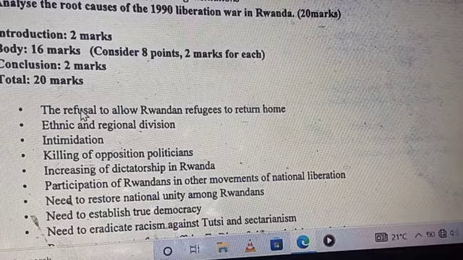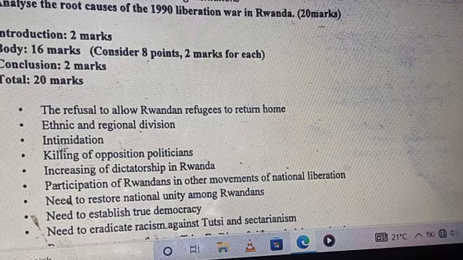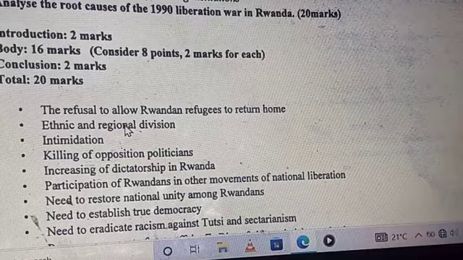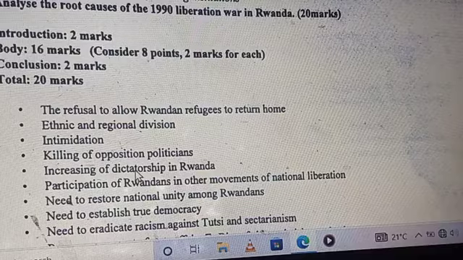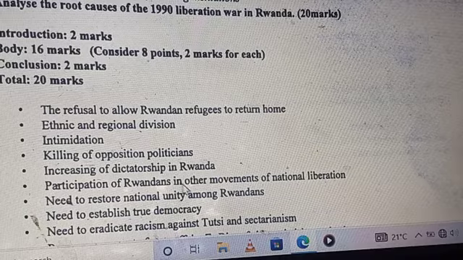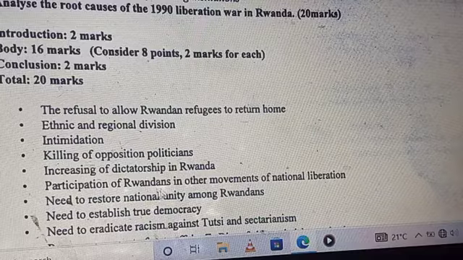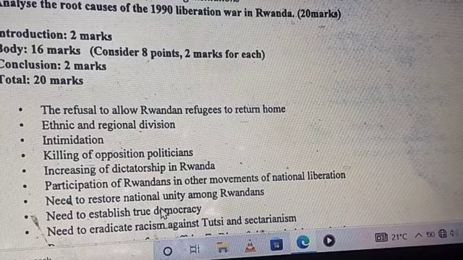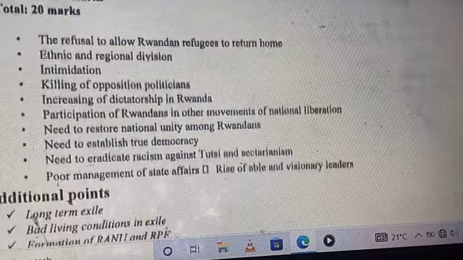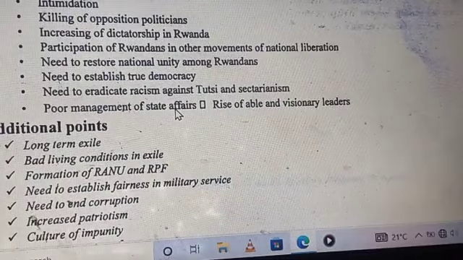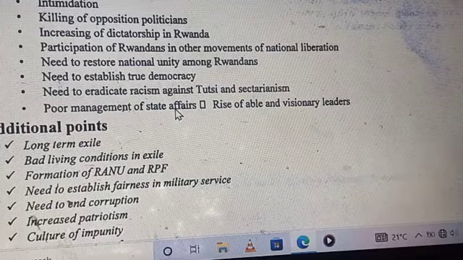The first point: refusal to allow Rwandan refugees to return home, ethnic and regional division, intimidation, killing of opposition politicians, increasing dictatorship in Rwanda, participation of Rwandans in other national liberation movements, need to restore national unity among Rwandans, need to establish true democracy, need to eradicate racism against Tutsi and sectarianism, poor management of state affairs, and rise of able and visionary leaders.